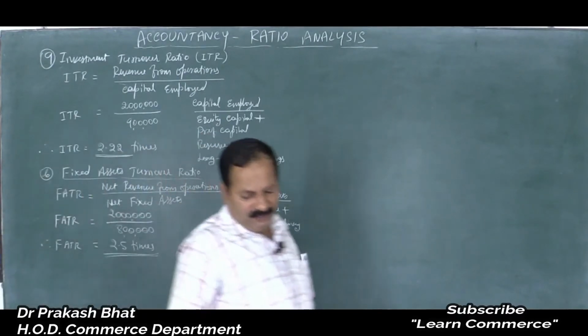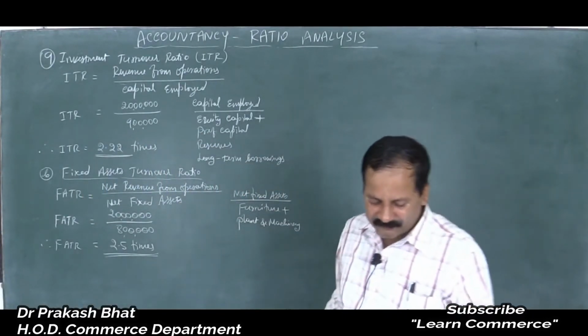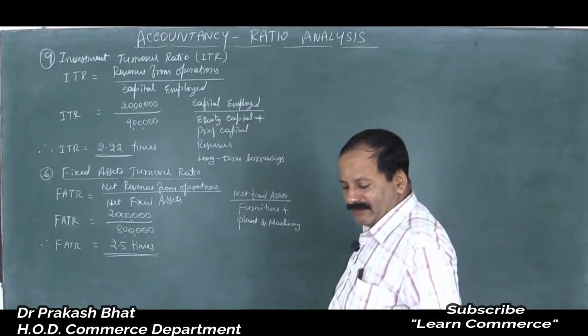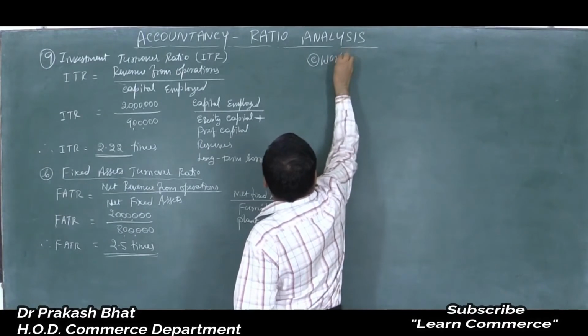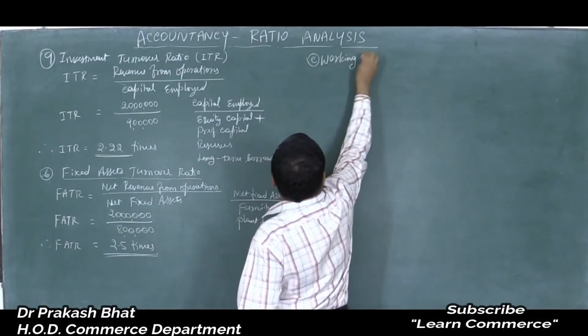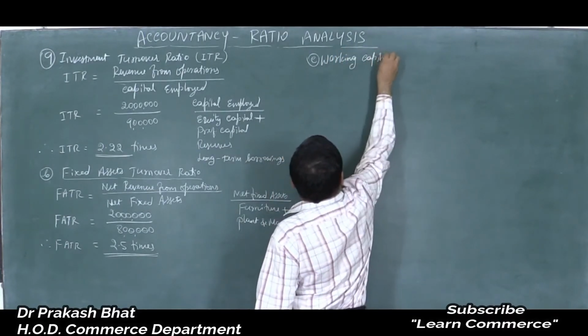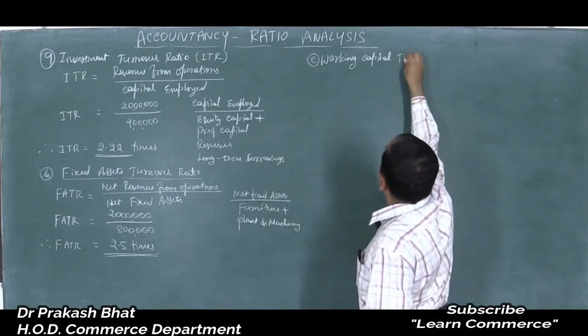Second ratio is done. Now moving on to the third one, point C, working capital turnover ratio.